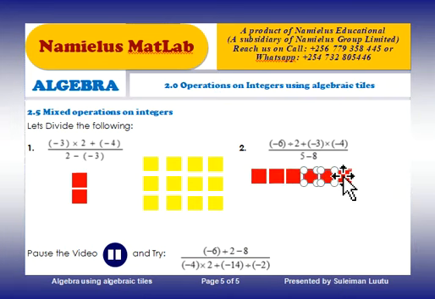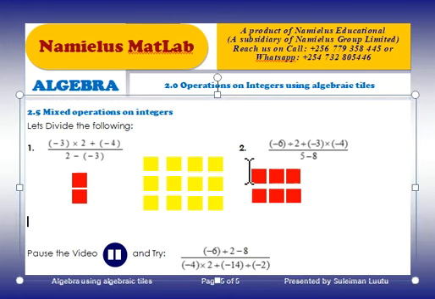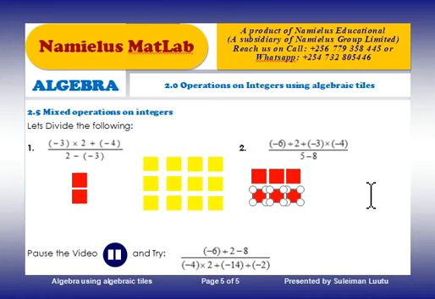It means we make 2 groups, 3 groups of 2's. So when we are dividing it into 2, we have 3 groups of 2's. So these 3 groups of 2's, it means the answer will be 3. 3 groups of 2's, but negative.